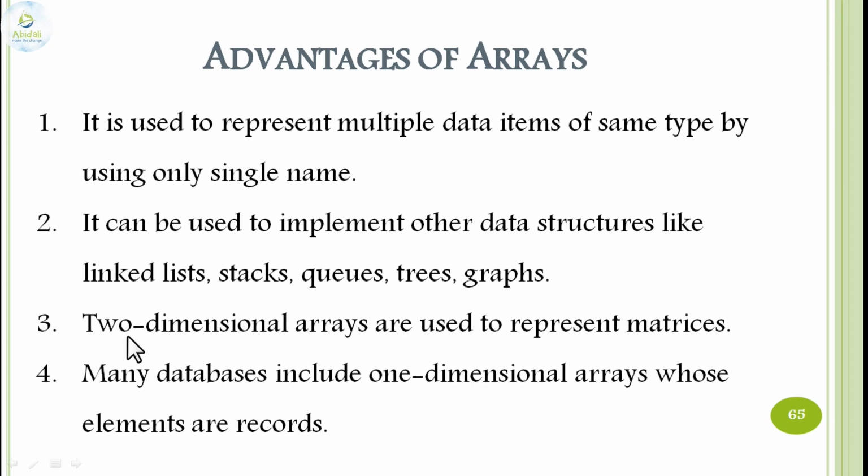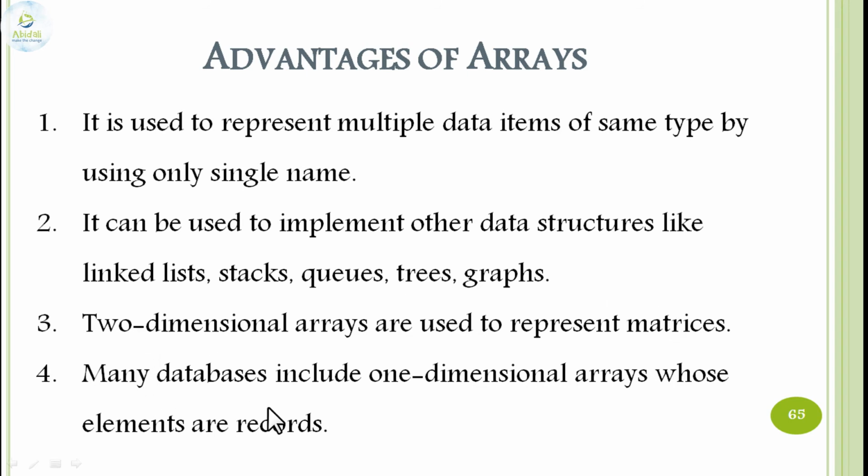A two-dimensional array is also used to represent the matrices, like I just told you, a rectangular or square arrangement of values, so that we can perform matrix addition, matrix multiplication, transpose of a matrix, etc.